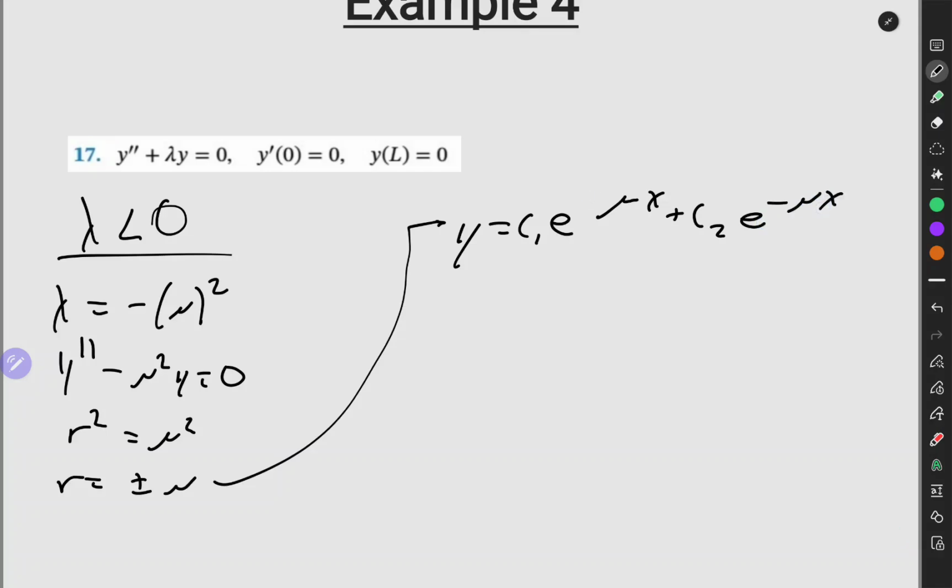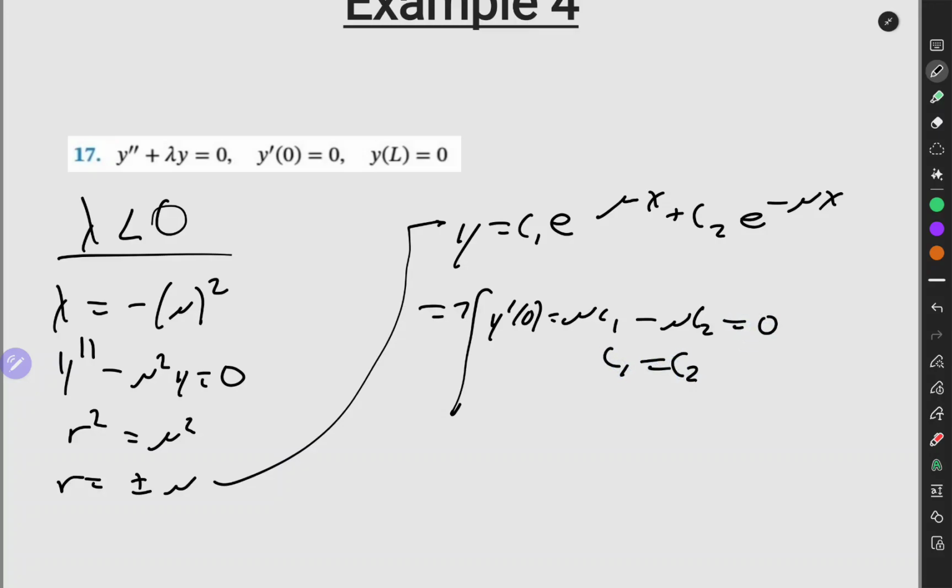Okay. Y prime of 0. Taking the derivative. Mu C1 e to the mu x plus minus, sorry. And we're plugging in 0, so that's 0, and that's 1, sorry. That's also 1.